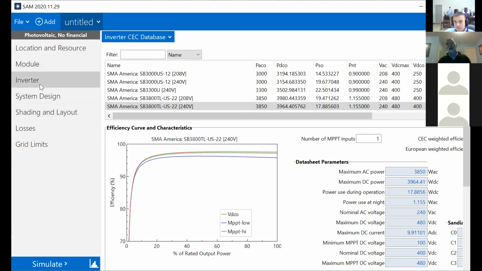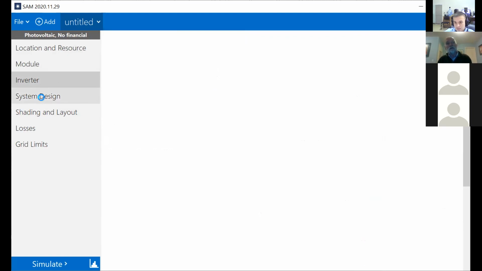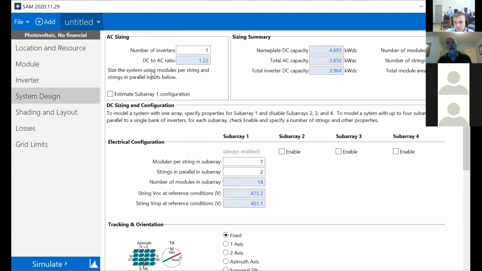You can specify the inverter as well. And again, I'm not going to talk in any detail about what inverter is the default choice in here. You then move on to system design. You can specify the number of inverters, its features, the number of modules in a string, the number of modules in an array. And then down the bottom here, you can actually input tracking and orientation.